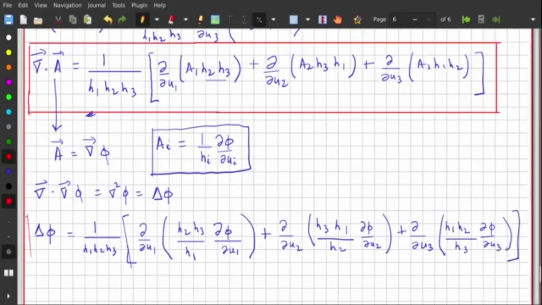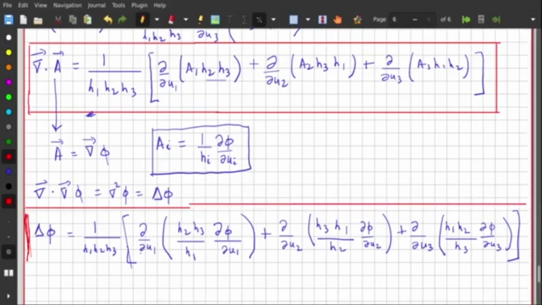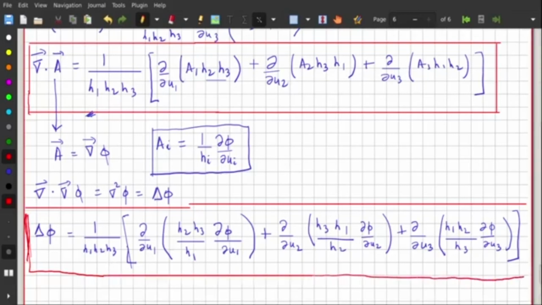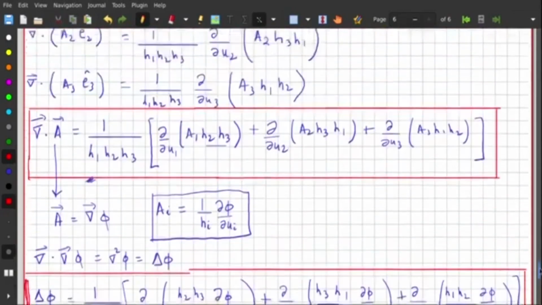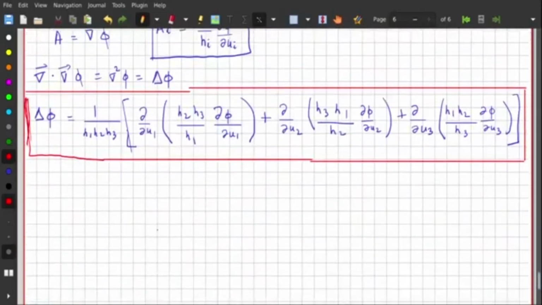So we have written the general expression for the divergence of a vector and the Laplacian of a scalar field in arbitrary curvilinear coordinates. These two expressions are very powerful, and as you'll see, the only thing we require to get a specific form is knowing the scale factors. If we know h1, h2 and h3, we can get the specific expression for the individual coordinate system.